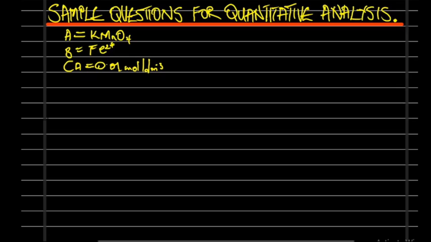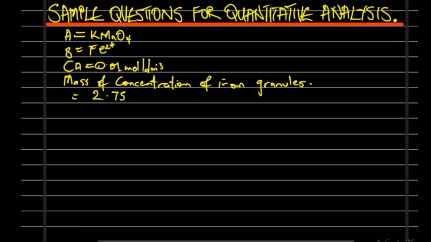Okay, concentration of iron granules, let us quickly see that. We have it to be 2.75 divided by 500 centimeter cube times 1000, because we are working with 1 dm cube.